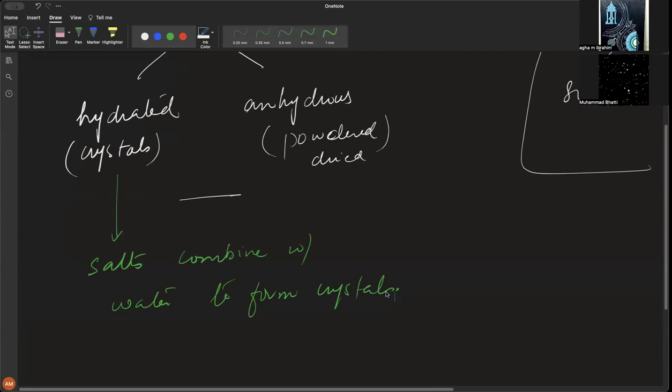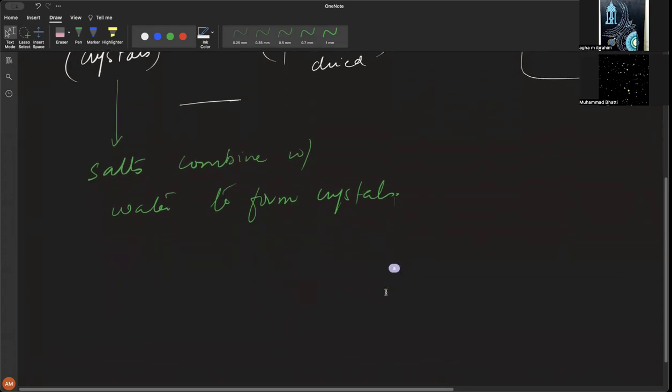As the water particles move out, the anions and the cations come closer to each other, and eventually they reform their bonds, the electrostatic attractive forces between the oppositely charged particles, and they also trap some of the water between their lattices. That is what becomes crystals. We will write about it when we are discussing salts; I just want to give you an overview. So the salts combine with water to form crystals.